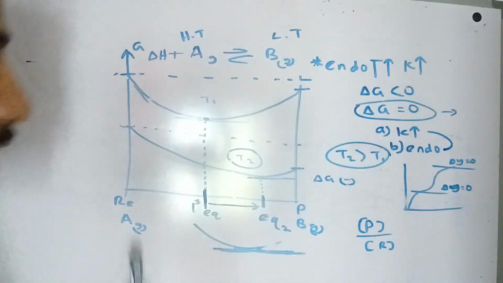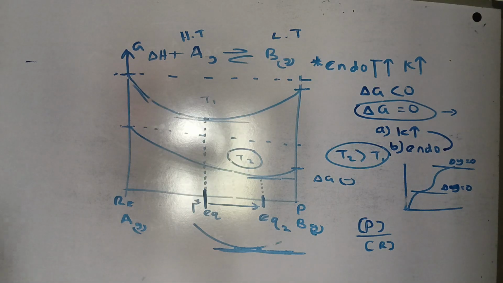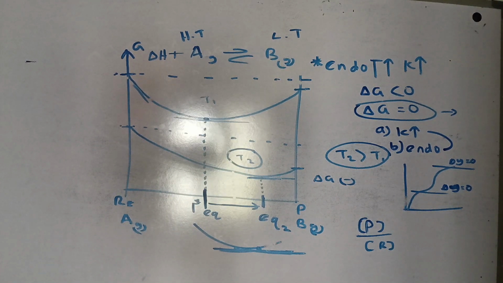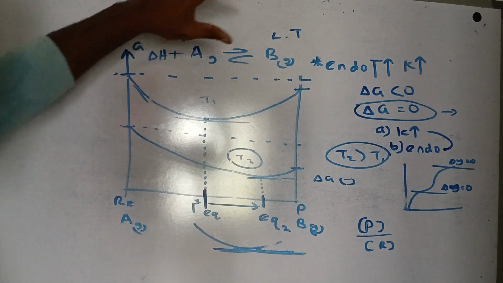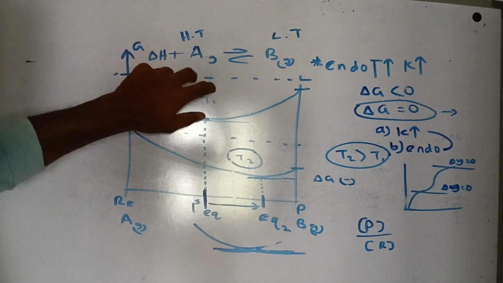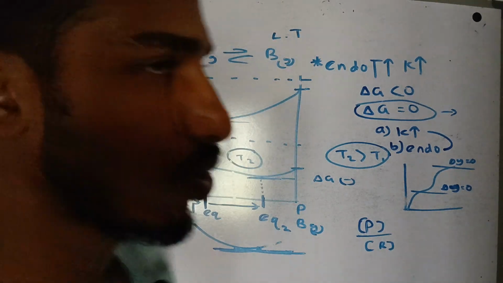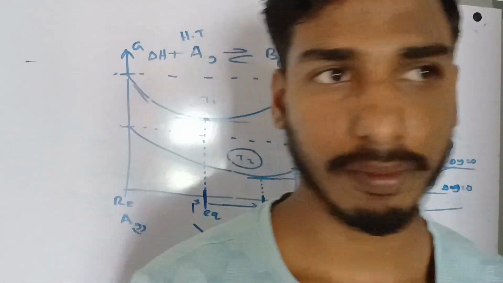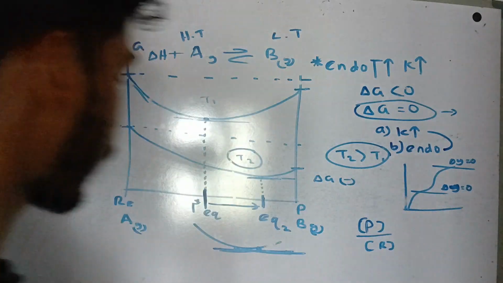Let's now look at answer C. They are saying the entropy is a positive value. Now in here, you are having A gas and B gas. Both the sections are gas. So whenever more gas is getting produced, it's a positive entropy. But anyways, let's verify it.